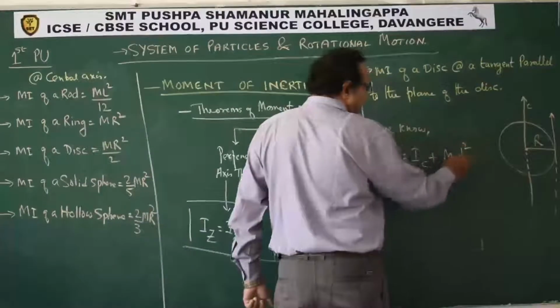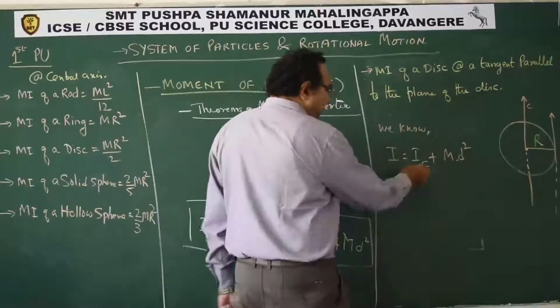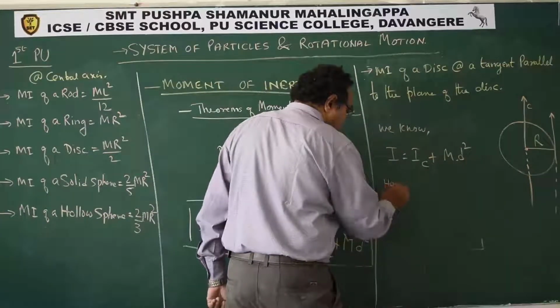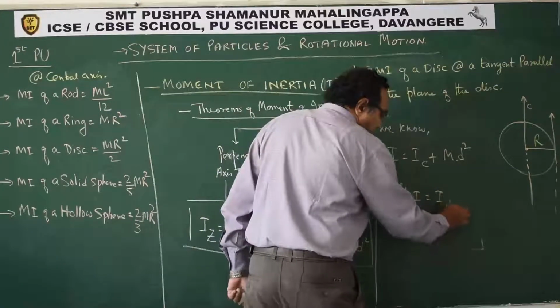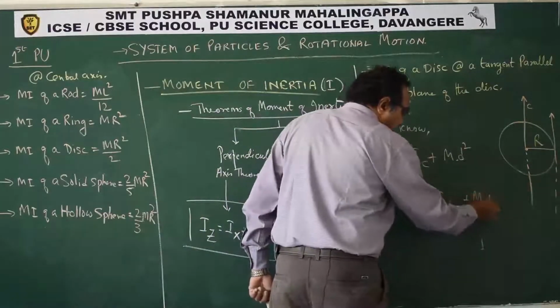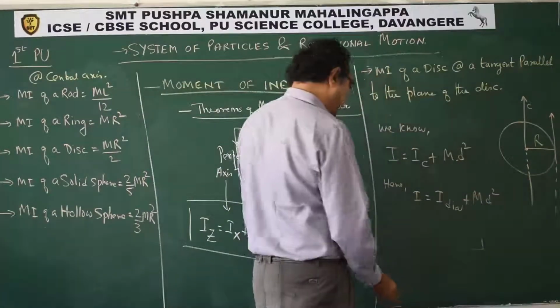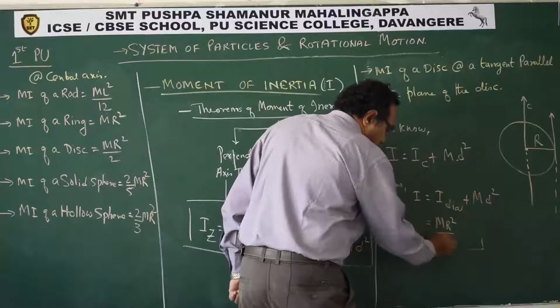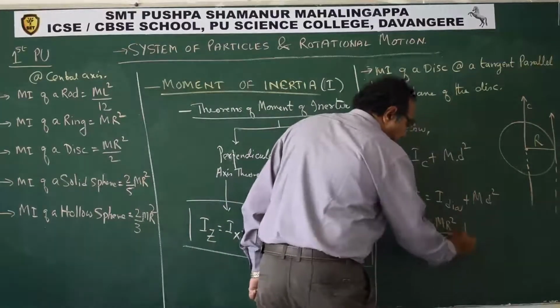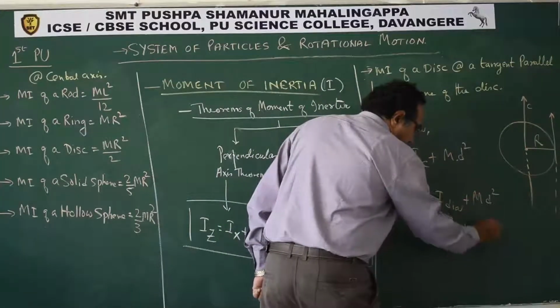Plus mass times square of the distance between them. Now the central axis here will be the moment of inertia about the diameter plus mass times square of the distance between them. So what we get, the diameter one is mr square by 4, this we have derived, plus mr square.